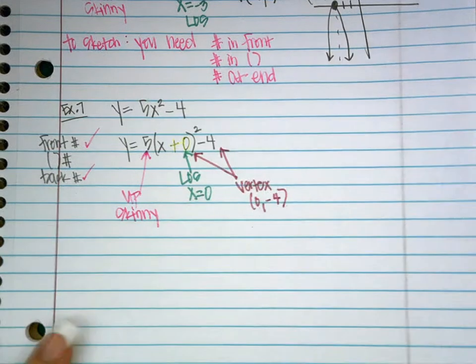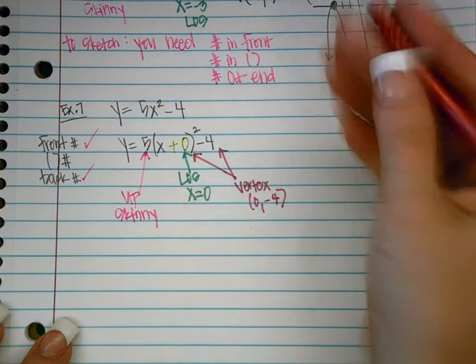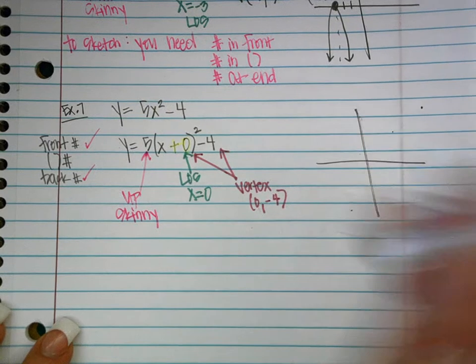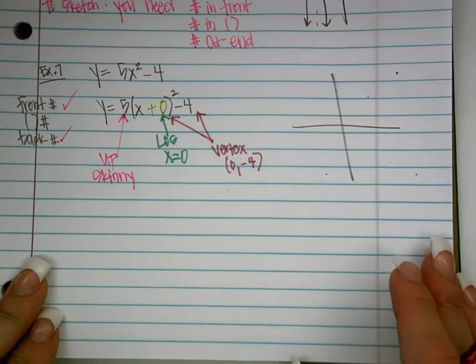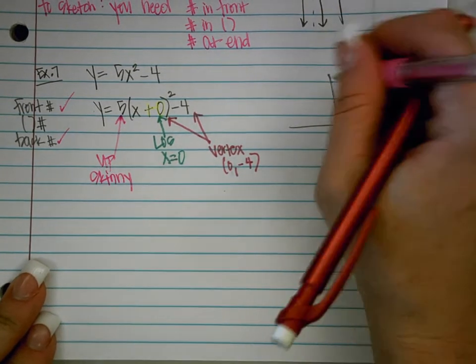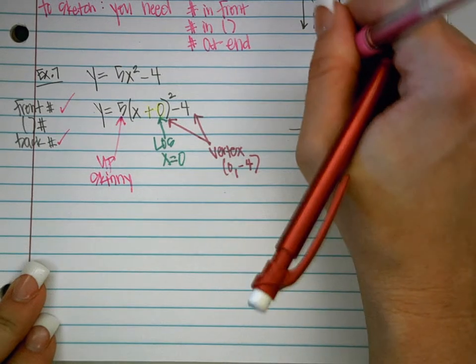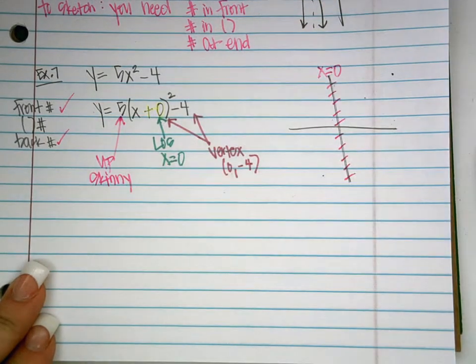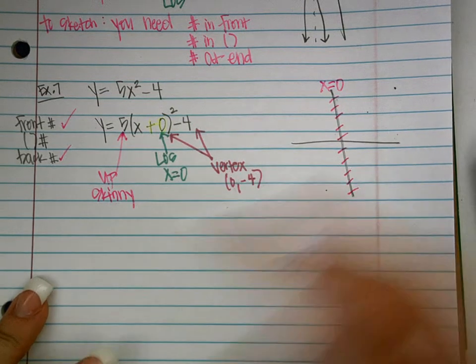Now, whenever you're going to draw a parabola that has a line of symmetry at 0, okay, instead of making it like super dark and coloring it in, because that's kind of difficult to see, the way that you would label this is you do kind of like a sideways hash mark like that. Okay, that's the way you can label as x equals 0 for your line of symmetry. Then 0, -4 is down here.